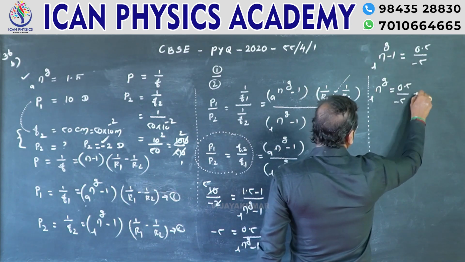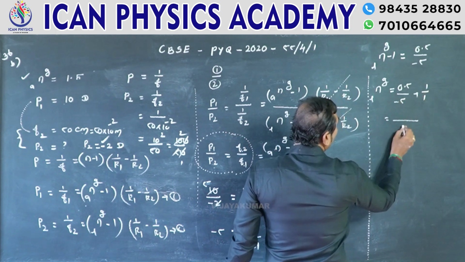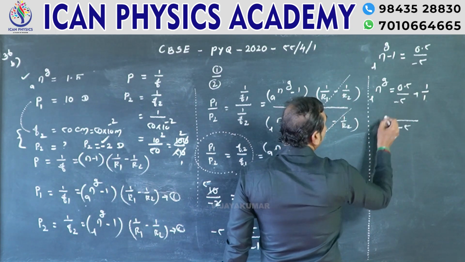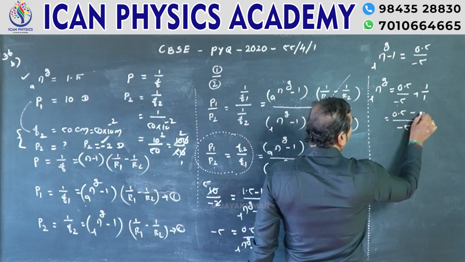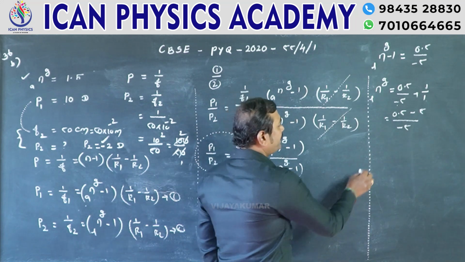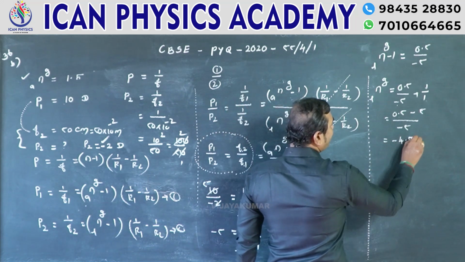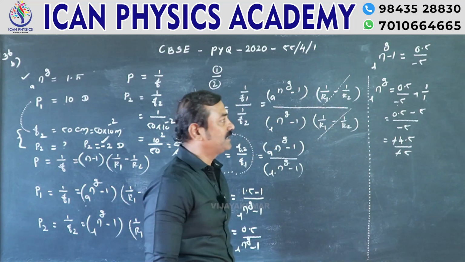So plus 1 goes to this side as plus 1 divided by 1. So 1 into minus 5, minus 5. 1 into 5, 0.5. 0.5 minus 5, so it becomes minus 4.5 divided by minus 5. So minus minus getting cancelled.